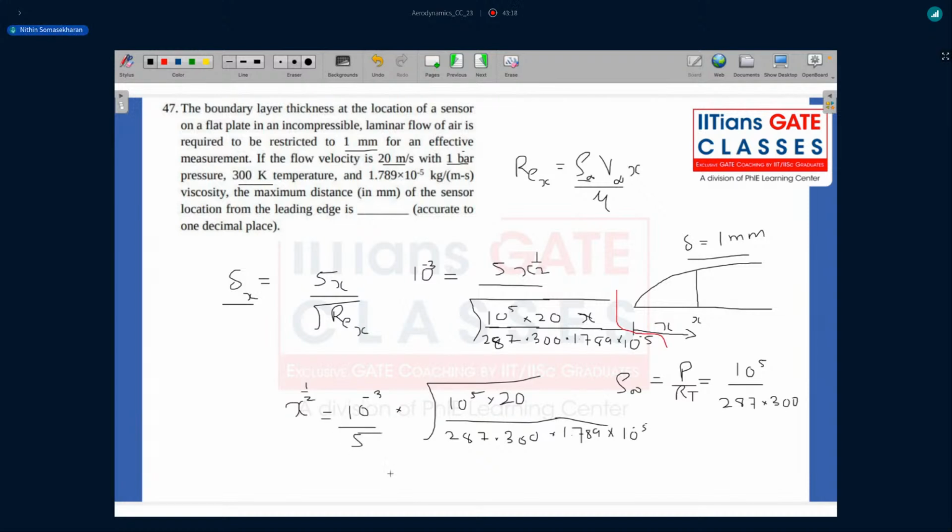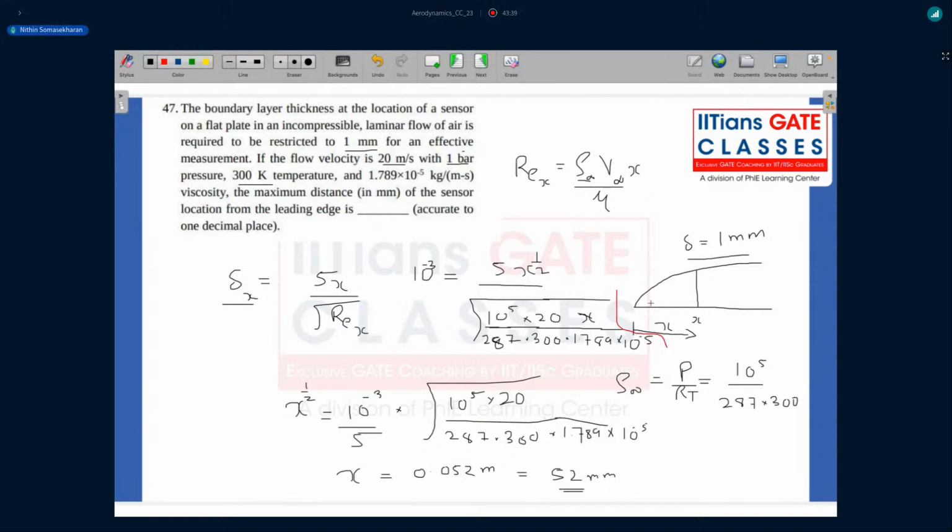All right, and if you were to make this calculation, you'll find your x is around 0.052 meters, which is also equivalent to 52 millimeters. Right.